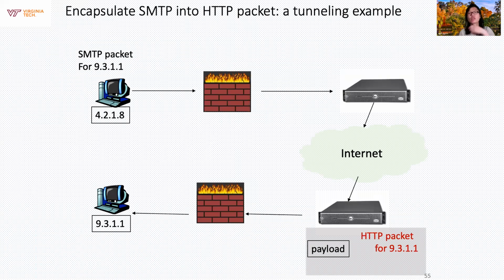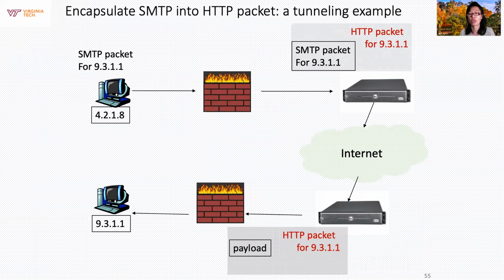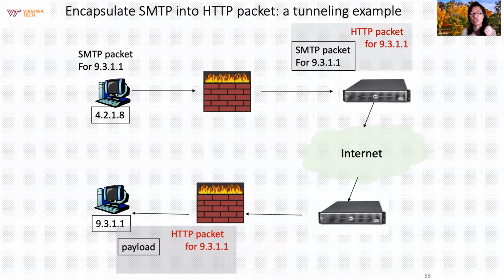So here is an example of tunneling. You have SMTP traffic, but the organization's firewall may not allow SMTP traffic, but does allow HTTP traffic. Then you can put on the HTTP header. You break the SMTP into smaller pieces and put it into HTTP traffic as payload. Once the receiving end receives it, it will peel off the superficial HTTP layer and get the actual payload.